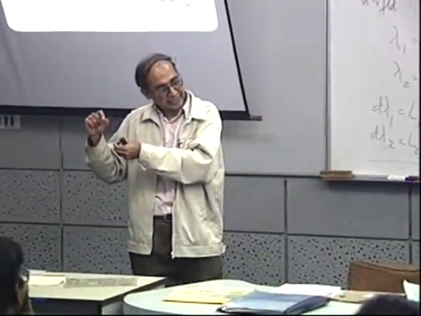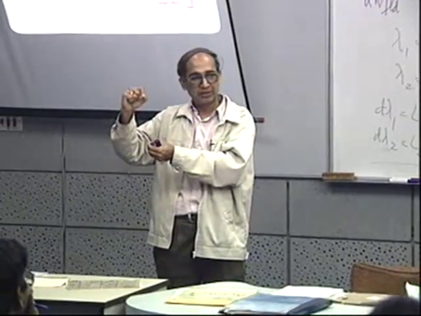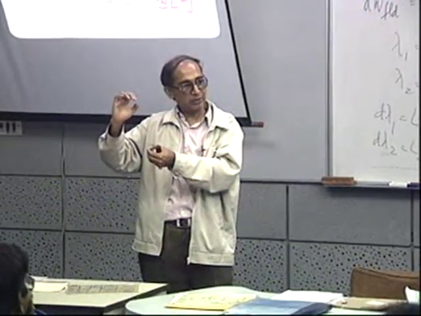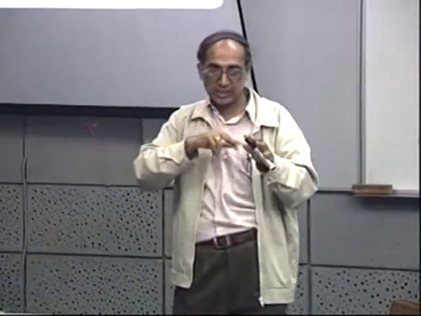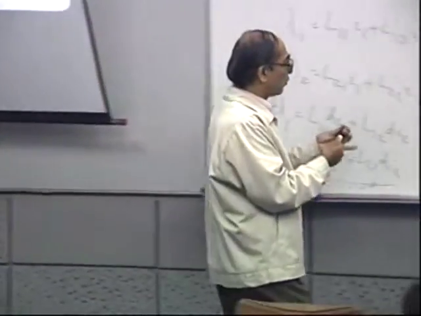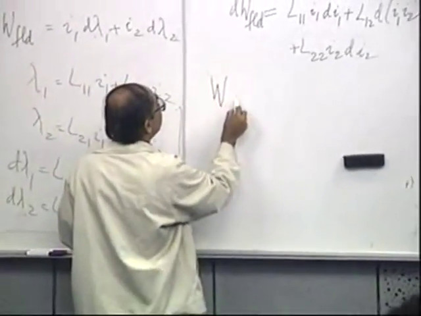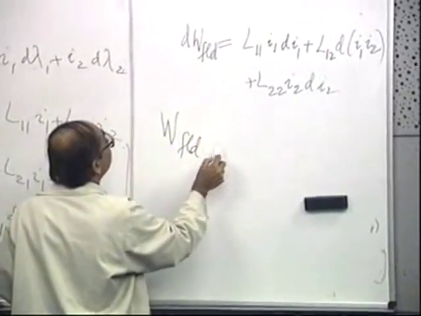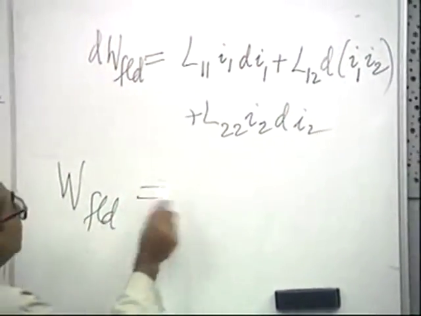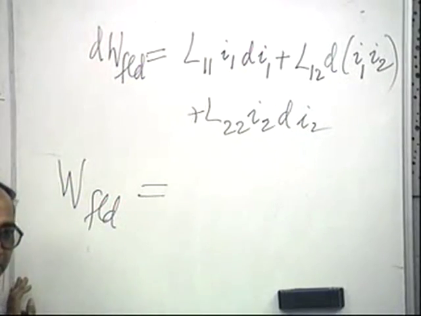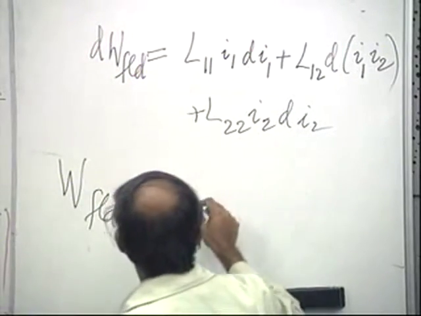Then you take the second one from 0 to I2, and it reaches lambda 2, and you come to a steady condition. It is almost a double integration, 0 to I1, 0 to I2. So what will be the stored energy when it has reached the state of I1, I2? It is the integral of this, isn't it?